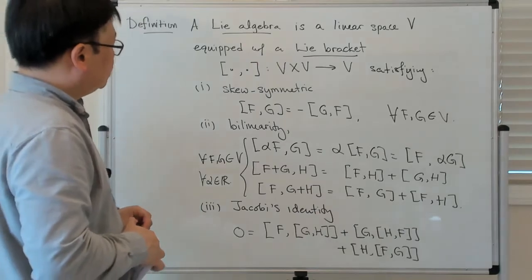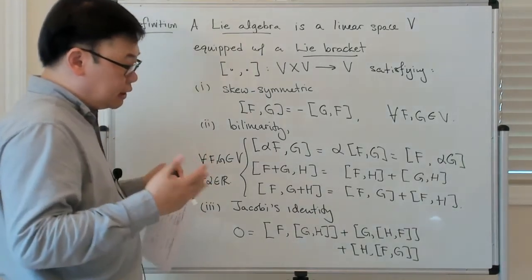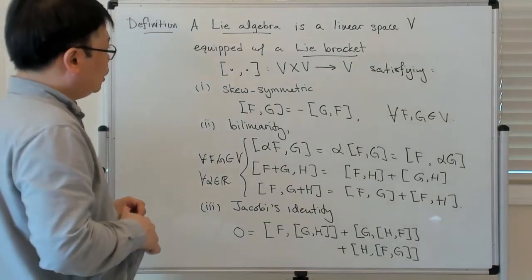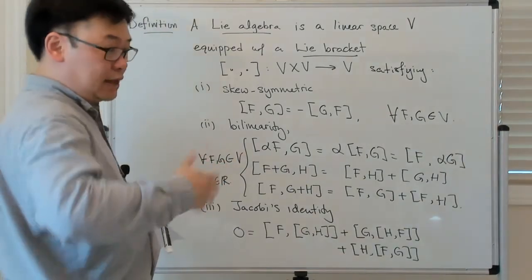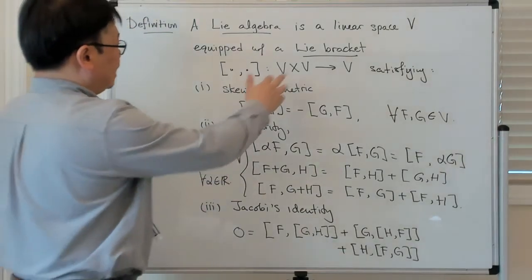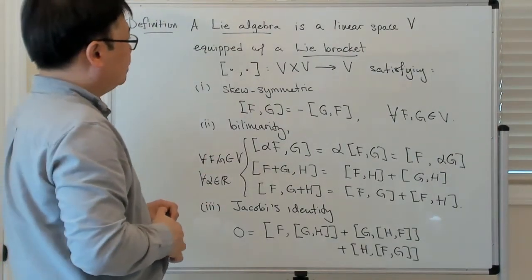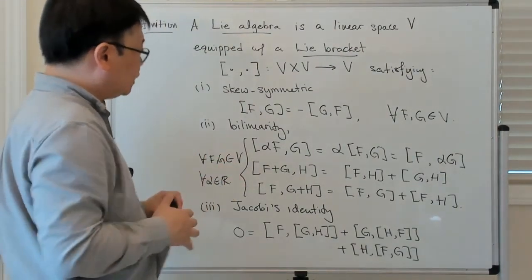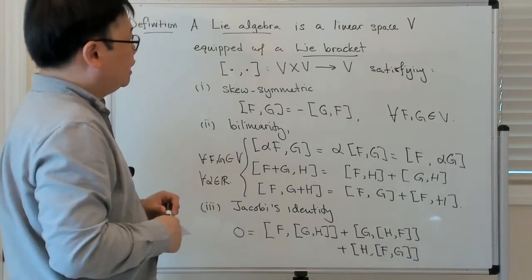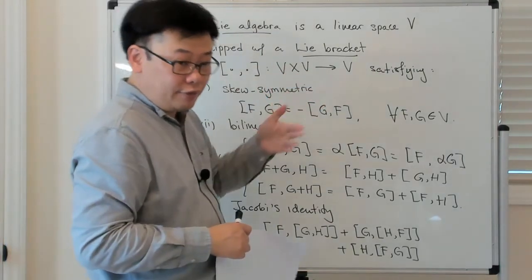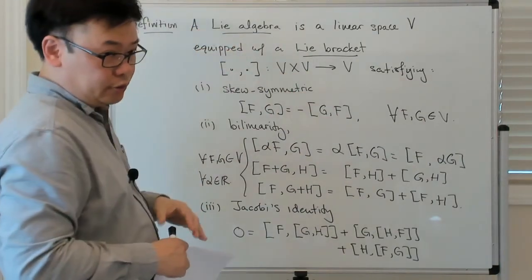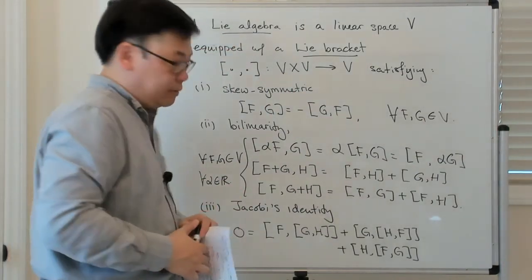As the name suggests, it turns out that the Jacobi Lie bracket is a Lie bracket, and using that bracket endows the space of vector fields with a Lie algebra structure. Okay, so let me just stop here for now.